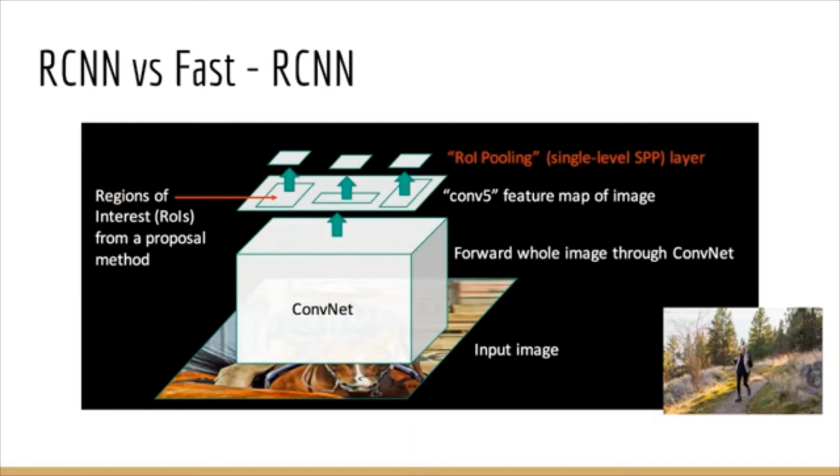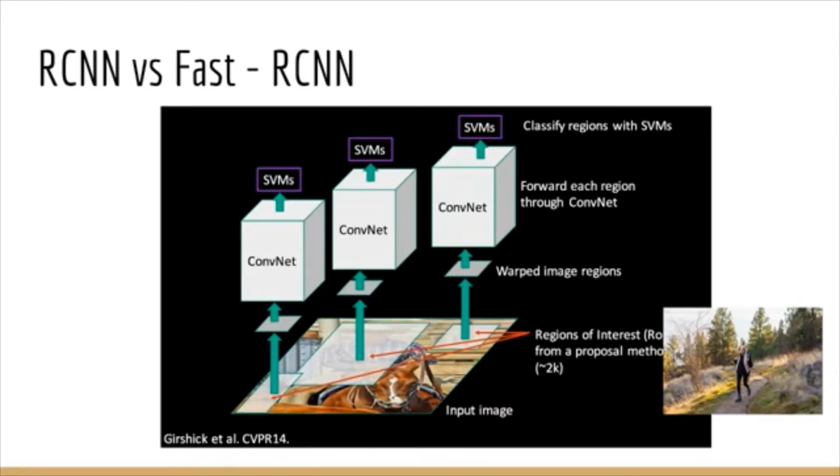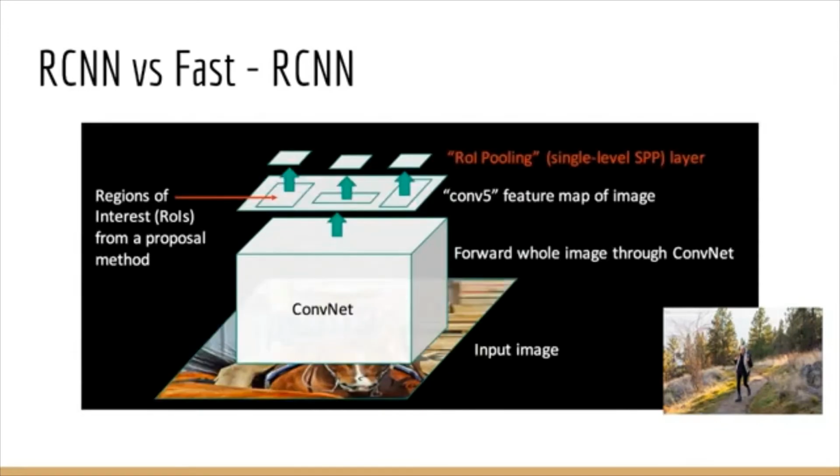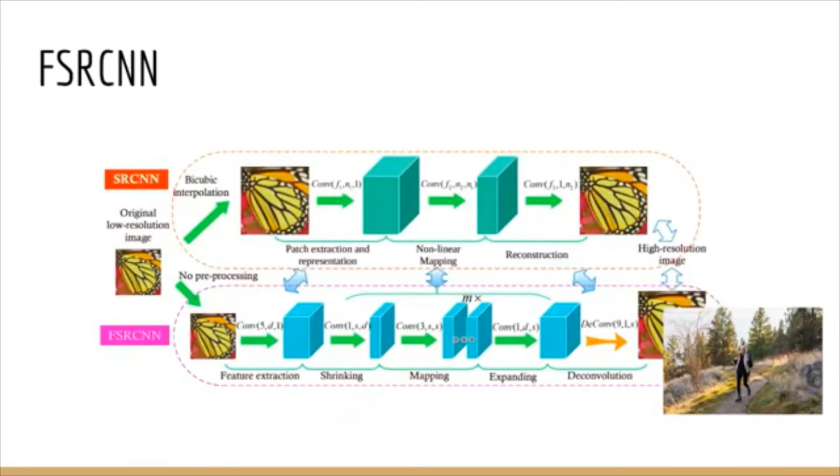What we do is run a feature extractor on the whole image first, and the extracted features are used to create the regions of interest that had been proposed in the previous method. So effectively we are shuffling around the order of the operations, and this creates a huge boost in the performance of the models. And the same has been done with FSRCNN.